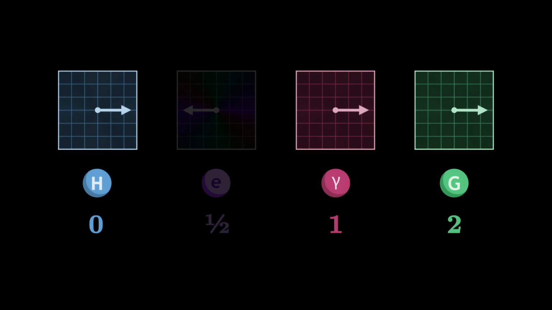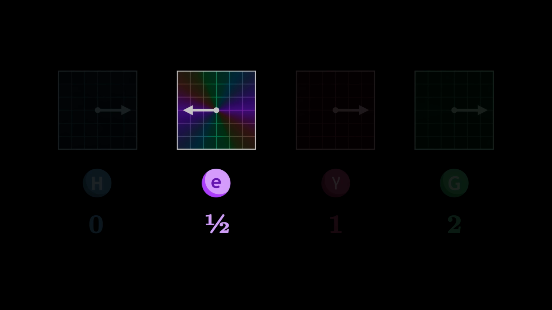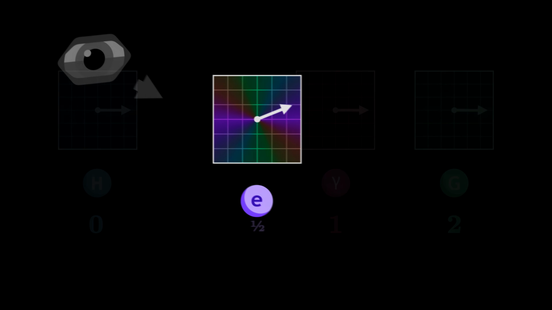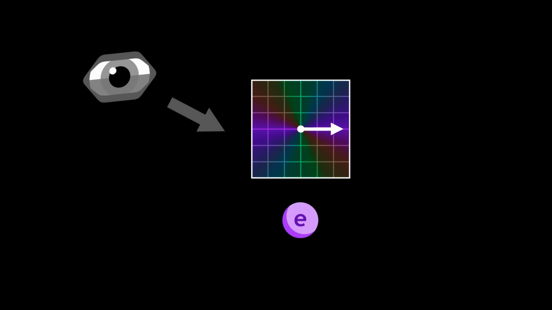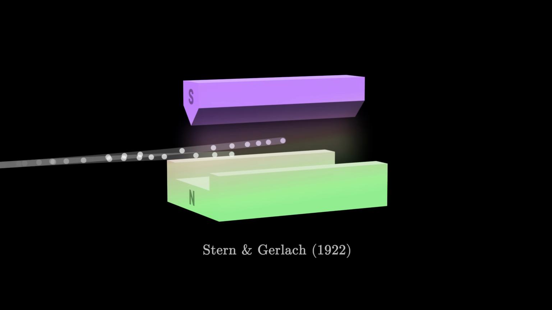Some particles have integer spin numbers, 0, 1, or 2, for example, but quantum mechanics also allows the existence of particles with half-integer spin, in particular 1/2, which need 2 rotations to regain their initial state. When we measure the state of such a particle, it randomly collapses onto one of the 2 axes of its abstract space, explaining why the beam splits in 2 in the Stern-Gerlach experiment.